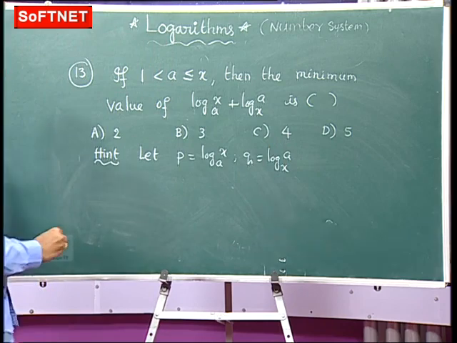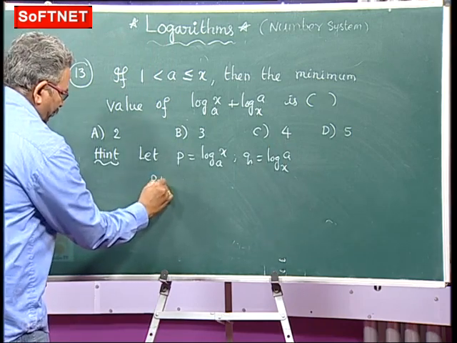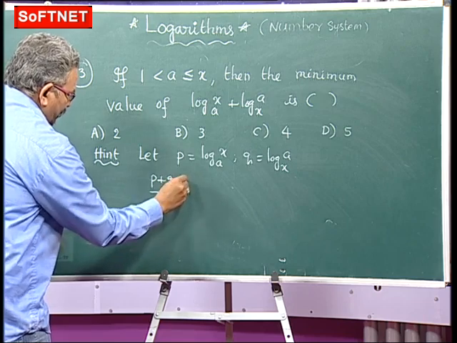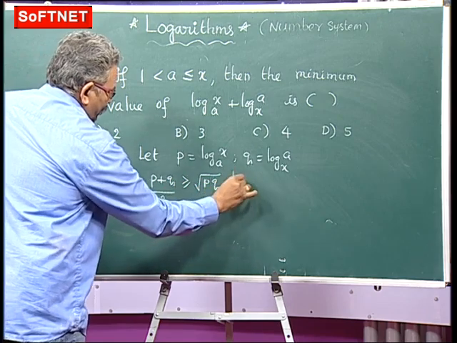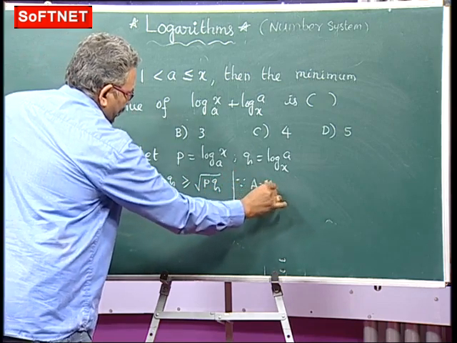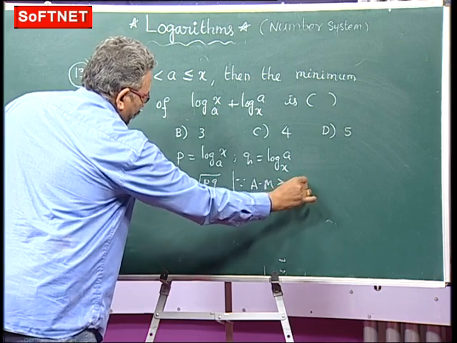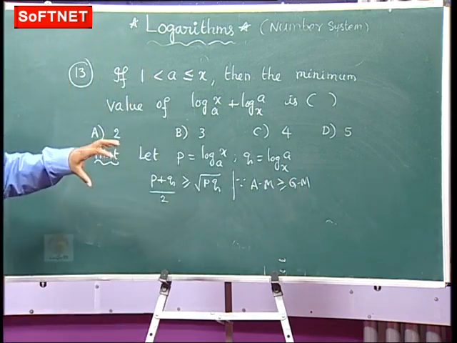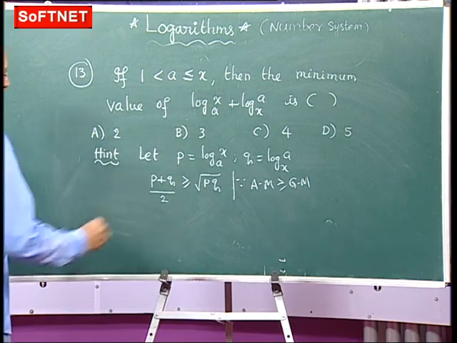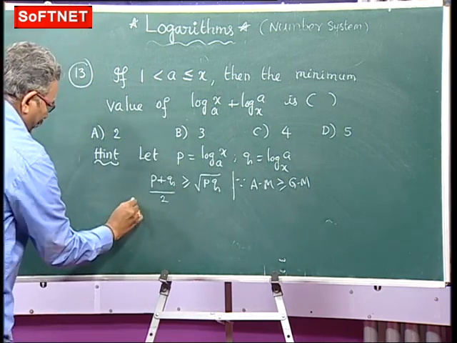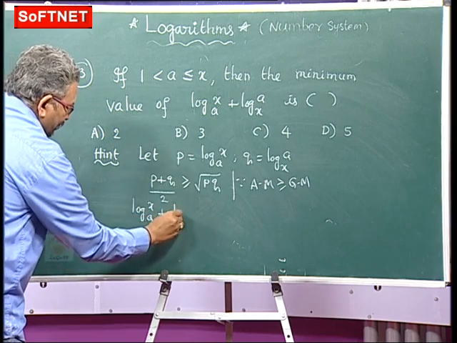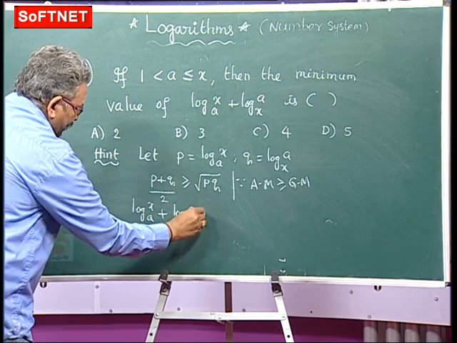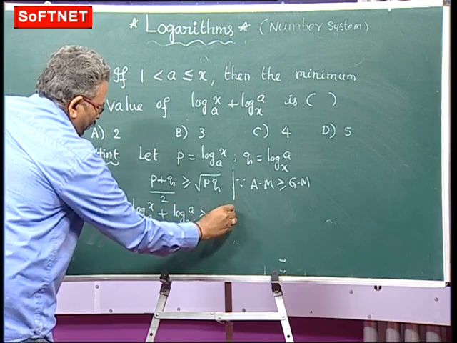So, now we can write p plus q by 2 is greater than or equal to root pq. So, this is arithmetic mean is greater than or equal to geometric mean using this inequality. P plus q means log x to the base a plus log a to the base x greater than or equal to 2 root of p into q.